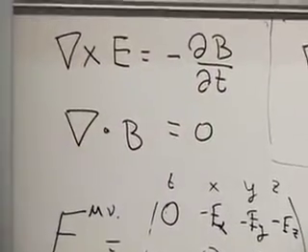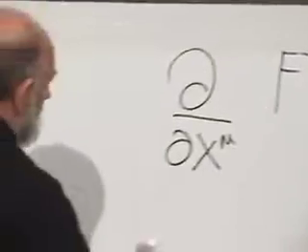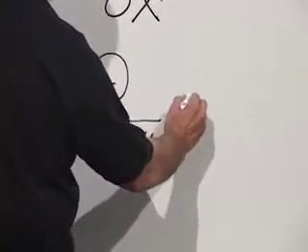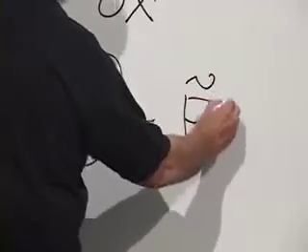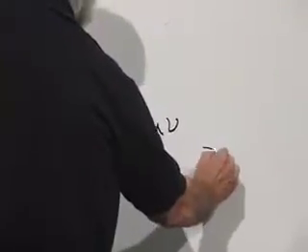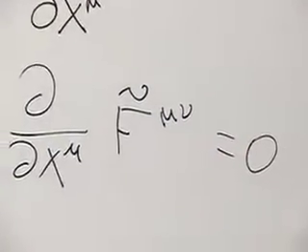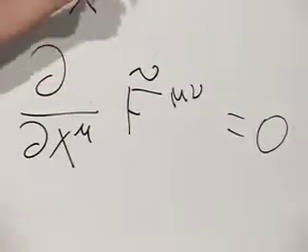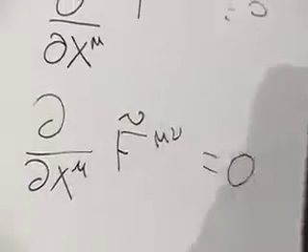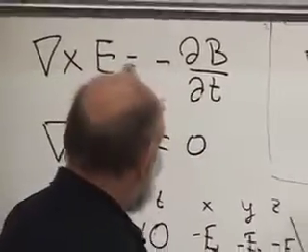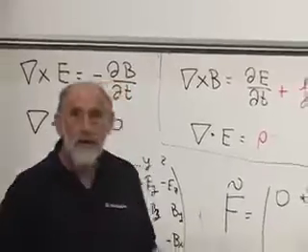Well, those have exactly the same form, except with a twiddle here. F twiddle is the same as F, except with E and B interchanged, and an extra minus sign thrown in. Well, that's exactly what's here. If you go from here to here by interchanging electric and magnetic fields with an extra sign, the equations are the same.